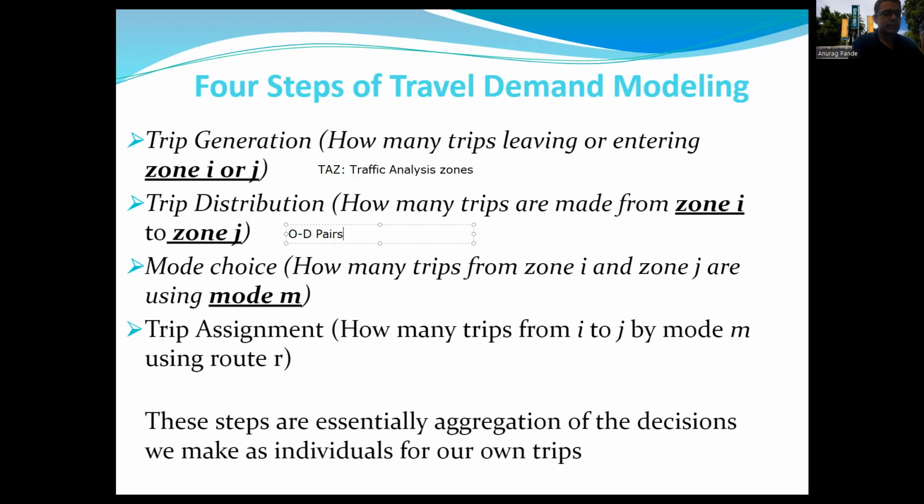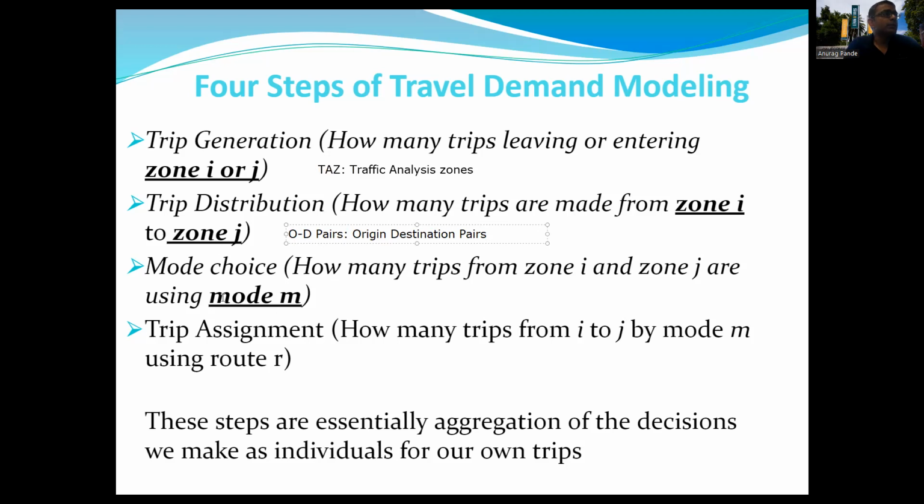So OD stands for origin destination pairs, right? That's what your OD pairs look like, origin destination. Now I'm trying to relate not just the aggregate number of trips as I was doing in trip generation. Now I'm trying to figure out where those trips are coming from. So now I'm distributing them between the zones. So that's what's called trip distribution.